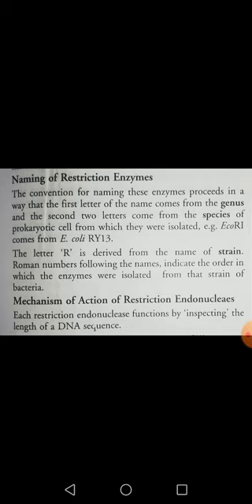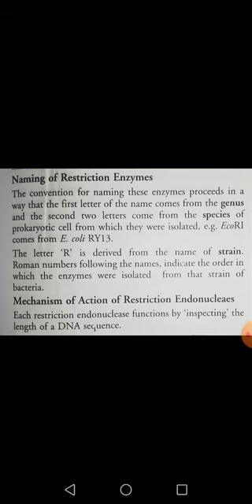E comes from Escherichia, CO comes from the species, R is the name of the strain, and in Roman numerals the I is written, and the I means the order of that restriction enzyme in which it was isolated or extracted from that strain.